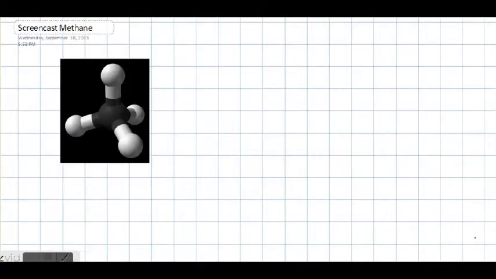Talk about the compounds methane and boron trifluoride. Methane, in other words, CH4, is made up of two atoms, one being carbon and the other one being hydrogen.